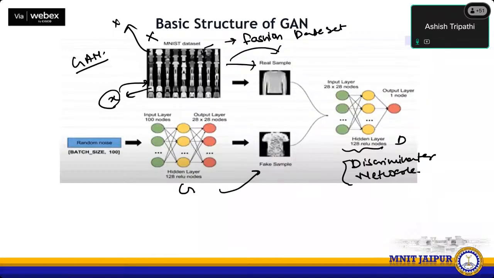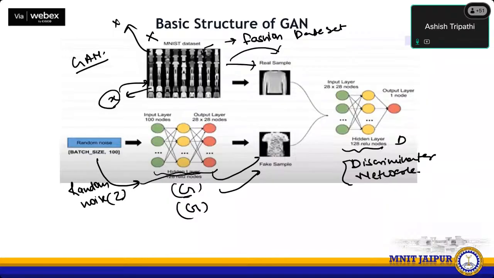This is the fake image that has been generated by G. And how is this G working? This G takes some random noise, called capital Z, and this neural network, G, converts this random noise, because this is a generative network, into a sample that is called the fake one.